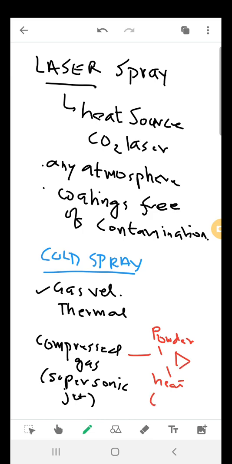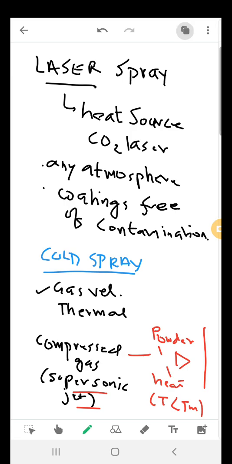Interestingly, the temperature is less than the melting temperature of the feedstock. This is very uncommon, because in previous cases you need a molten material to allow it to get deposited, but here the temperature is kept lower than the melting point. It is the supersonic jet which actually causes the coating.